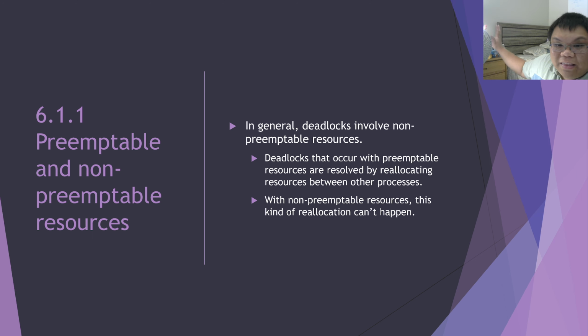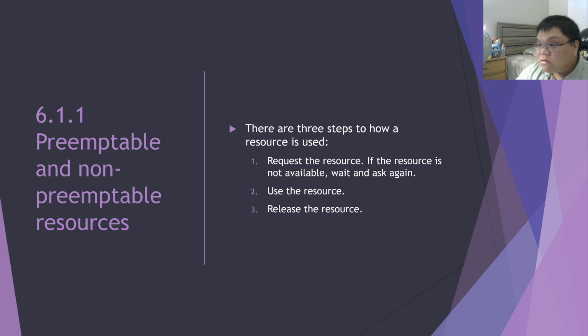Basically, those processes have to wait their turn until it's their time to run. So with preemptible resources, we resolve deadlocks by reallocating resources. With non-preemptible resources, we cannot reallocate resources at all.